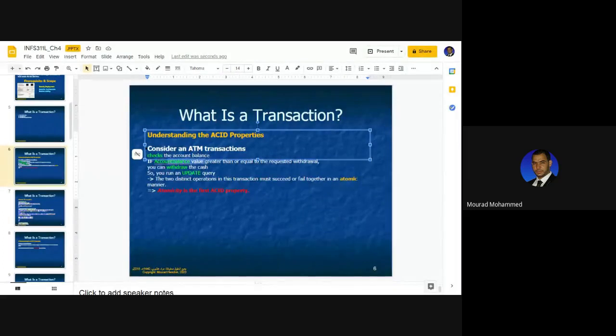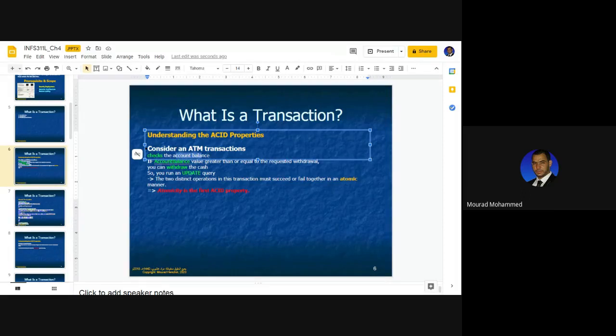It checks only whether the balance is available, meaning there is enough balance in the customer's account, that the amount requested is either available or more than that, in order to give him the money. Then after, number 4, after the money is withdrawn and given, there has to be an update to the originally checked account.